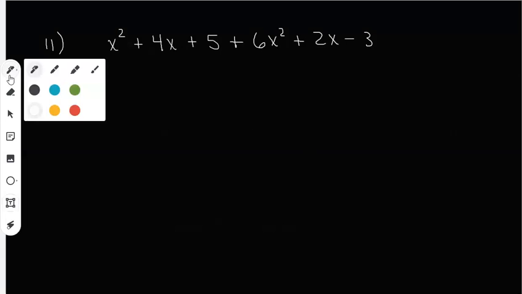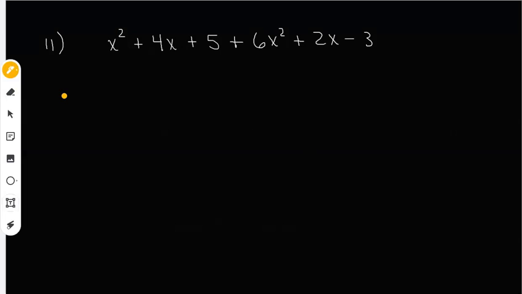I've got x squared plus 4x plus 5 plus 6x squared plus 2x minus 3. And the reason why I'm doing this one is because we have a lot of like terms here that we can underline. Much more than in previous problems, right?